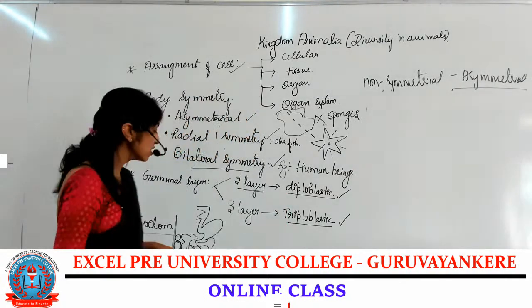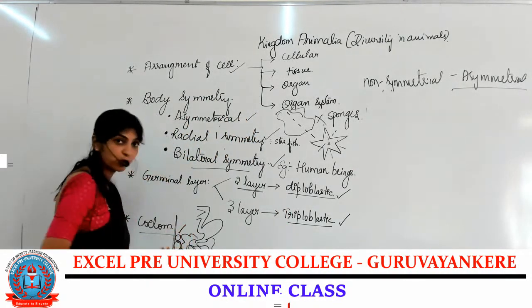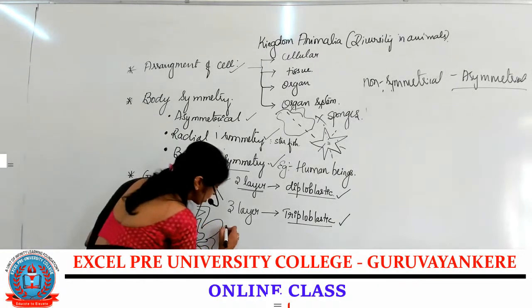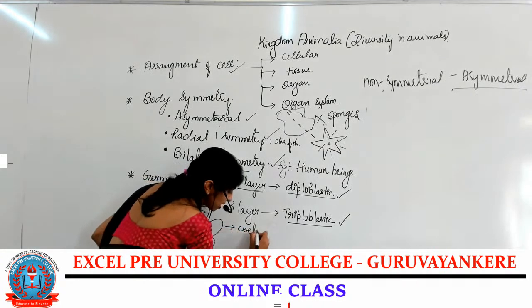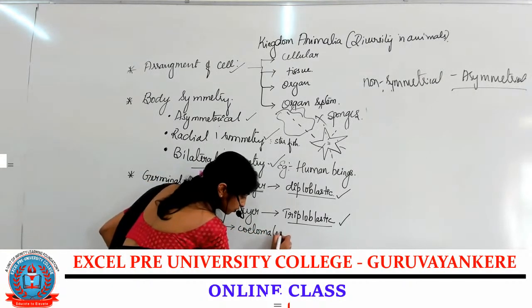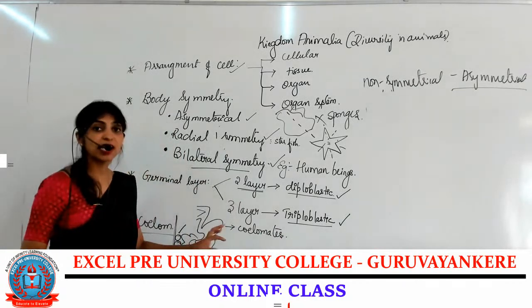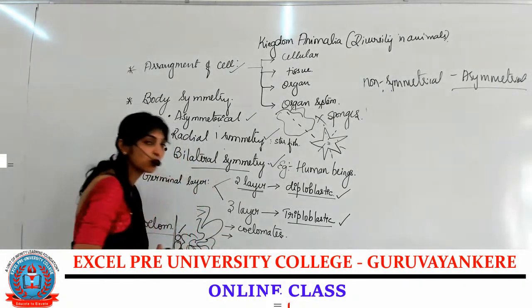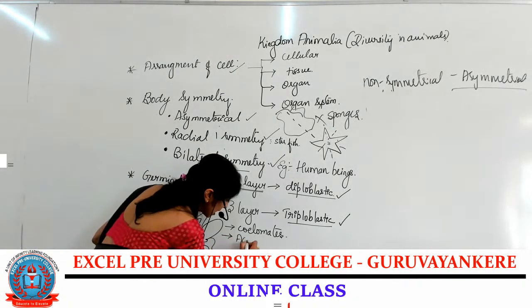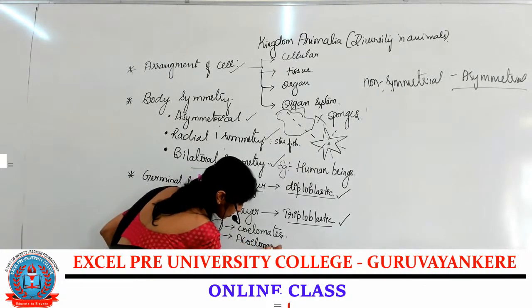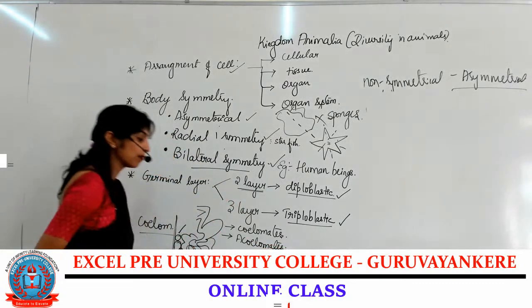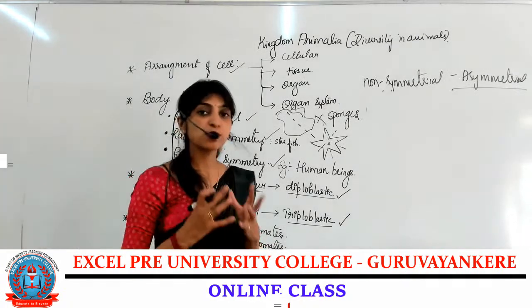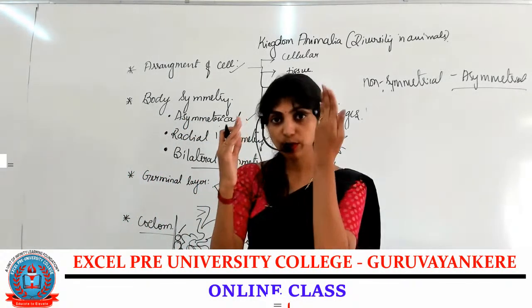If the organism's body has this coelom, then we call them coelomates. If they do not have the coelom, then we call them acoelomates.